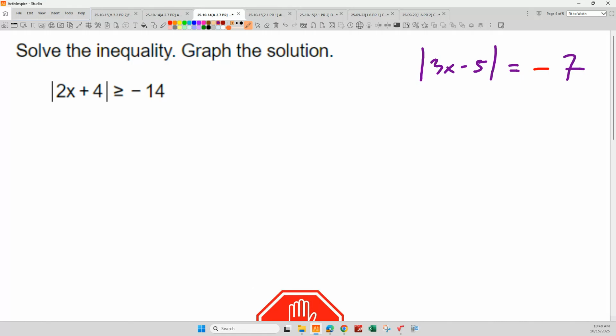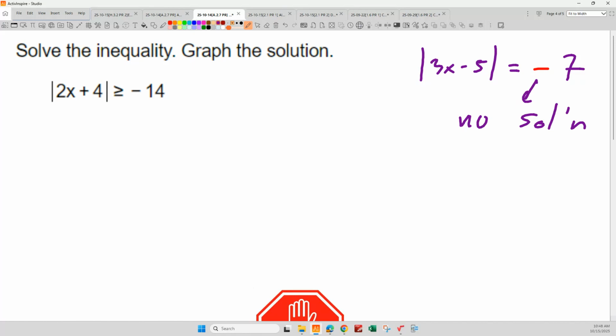No solution, because the output of an absolute value can never be negative, right? So that one was immediately no solution. Okay, but when you deal with inequalities, you can't just say, negative number, no solution. You've got to think about it. Ask yourself a how often question.